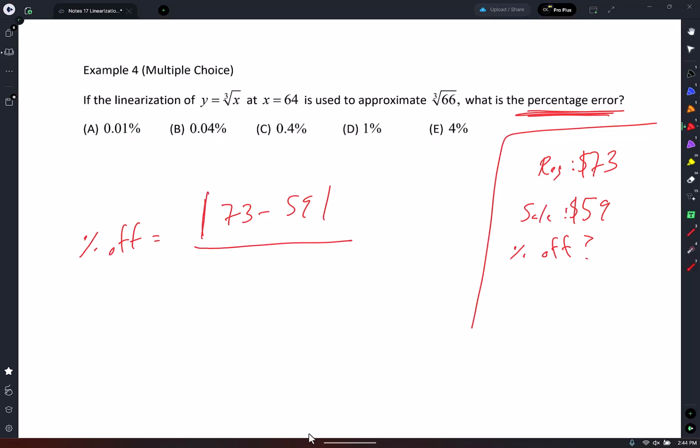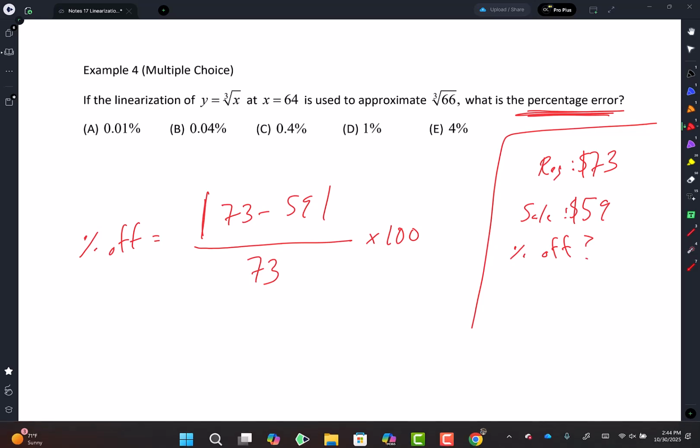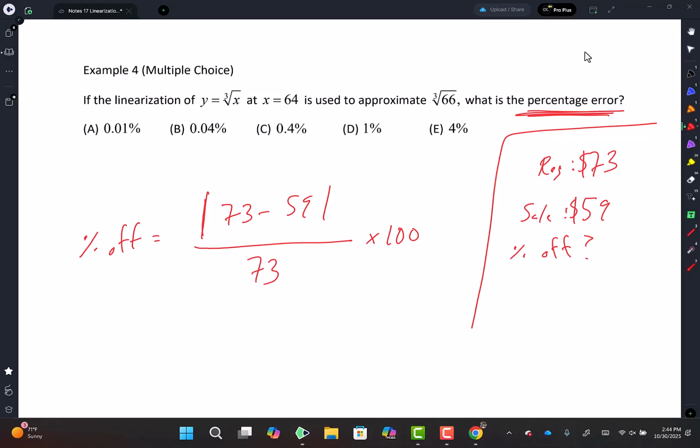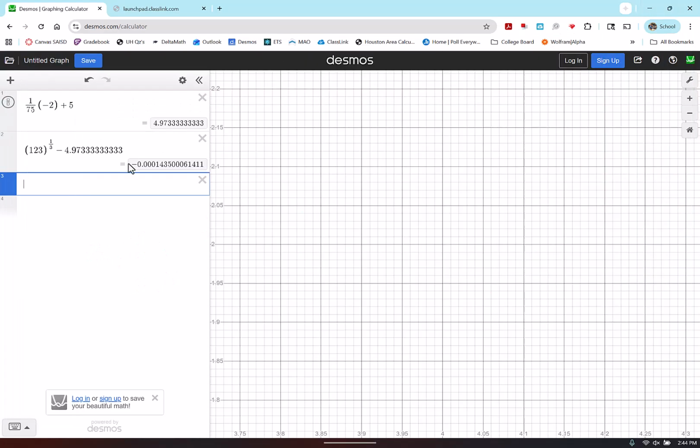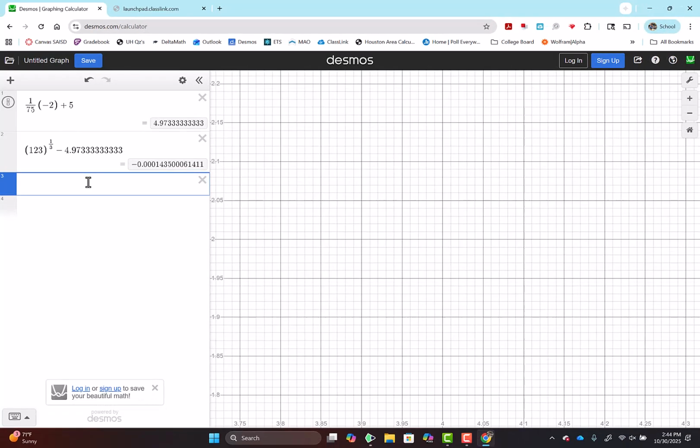Whatever that is, you divide it by 73, and you multiply it by 100, and that will tell you the percentage off. So 73 minus 59 is $14, divided by 73. What's that? Not everyone at the same time. You guys have a calculator? 14/73. 19%. So are you gonna buy the item if you're only getting 19% off?